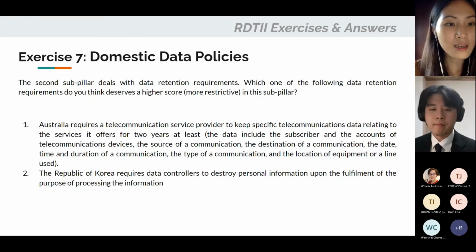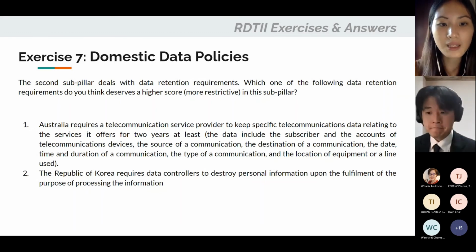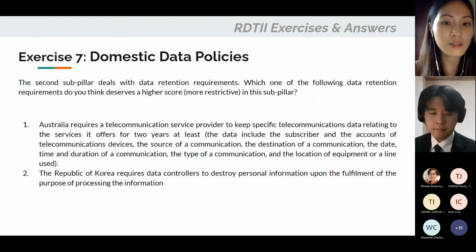So the answer here is the first choice, which is more restrictive, because we consider that the minimum period of data retention is more restrictive than the maximum. With the maximum, the companies are usually still allowed to determine themselves how long they will keep the data.